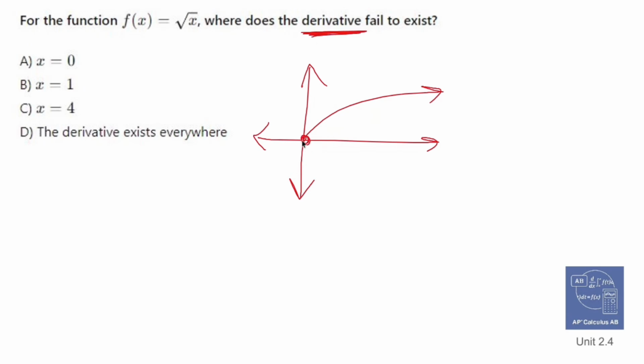Right here at the very beginning at 0, you have a cusp, which means it fails to give you a derivative at 0. Now, if you don't believe me, you can take the limit as h approaches 0 of the difference quotient, plug in 0, and find out that it's not going to be able to be done. But in this case, if I see graphically that there's a cusp or a sharp corner at a specific spot, the derivative will not exist, and that happens here at 0.